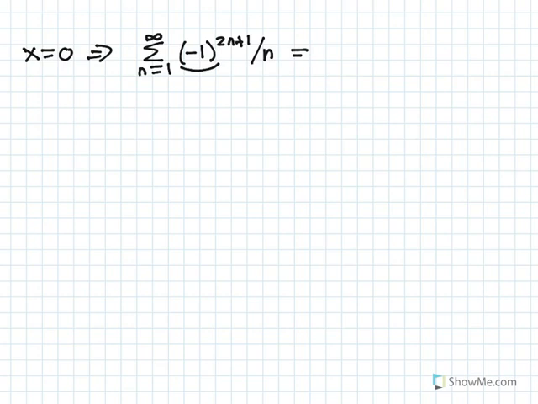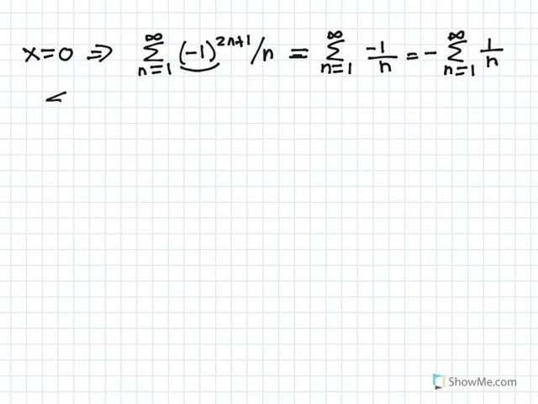But negative 1 raised to an odd power is always negative. So we have summation n equals 1 to infinity of negative 1 divided by n. Now negative 1 is a constant, so it passes through the summation, and we get minus summation n equals 1 to infinity of 1 over n.